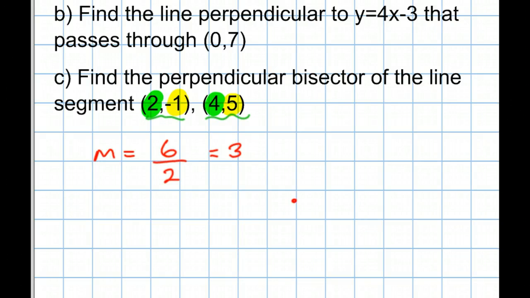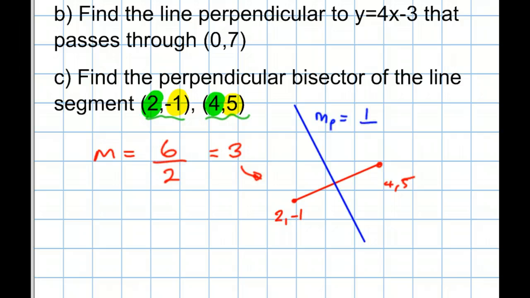So the gradient of the line segment that joins 2, minus 1 to 4, 5 has a steepness of 3. Now, I want to work out the gradient of the line that's perpendicular to it. Well, the gradient of the perpendicular is, as we saw in an earlier video, 1 over the other gradient with a minus sign put in front.